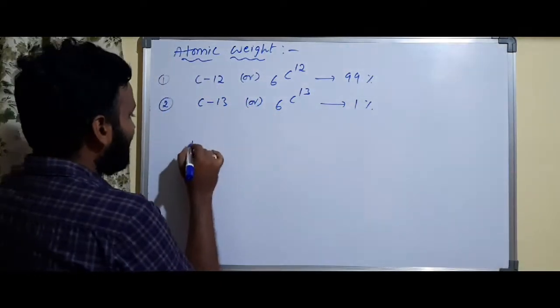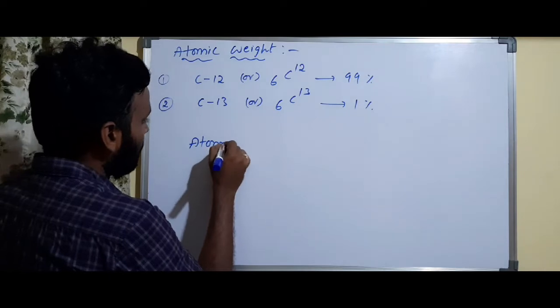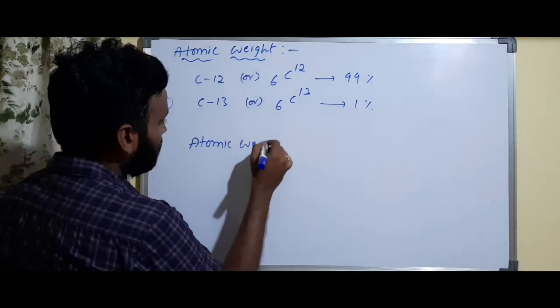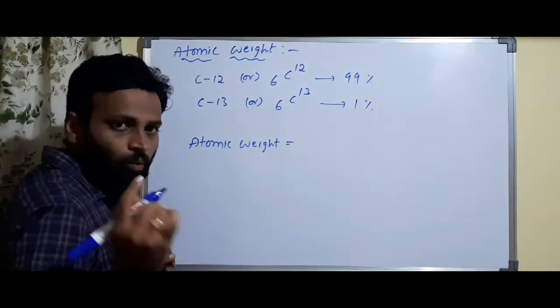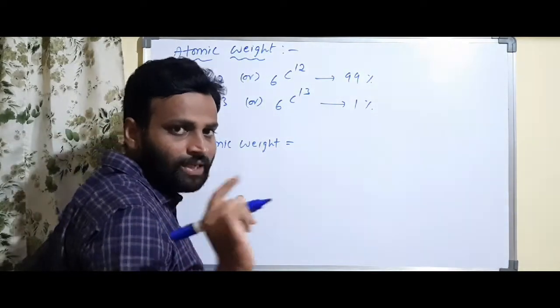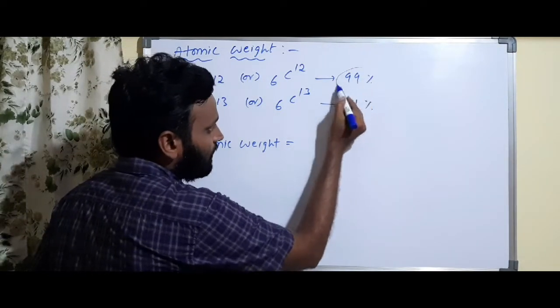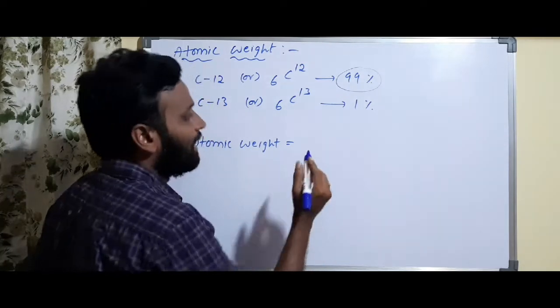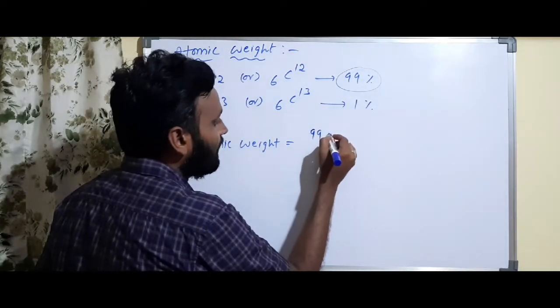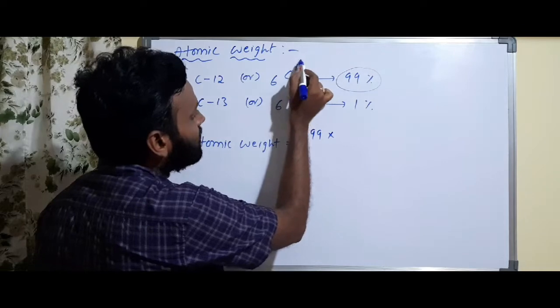So how can you get the atomic weight? Just look here very clearly. I'll tell you how much percentage you have: 99%. So 99% into the mass number.